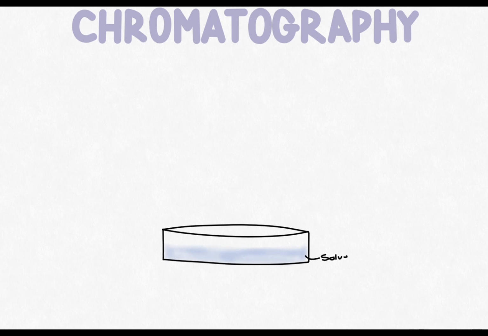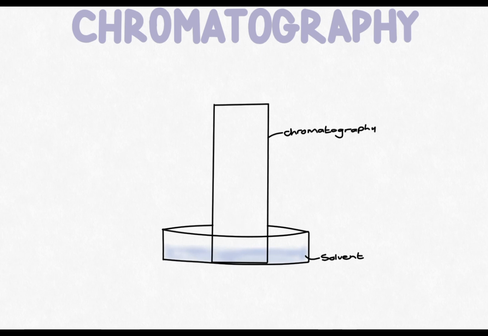Sometimes even chloroform is used. So chromatography paper will be placed into the solvent. Now on the chromatography paper, there would be a pencil line drawn just above the level of the solvent. This is to show where we add our compounds that we want to separate.